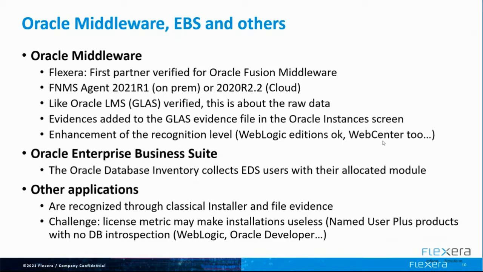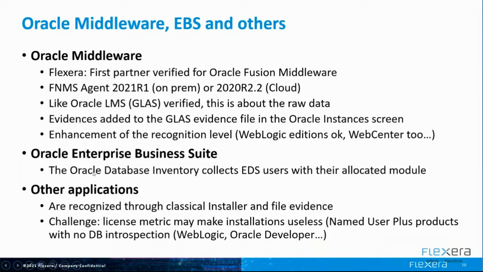It's extending and giving a better quality to data that very often was very, very bad. And again, guess what? With OUI, the Oracle Universal Installer evidence, we were recognizing WebLogic without an edition or maybe false positives of WebLogic. So we are now using this more qualified raw data to make more accurate recognition.